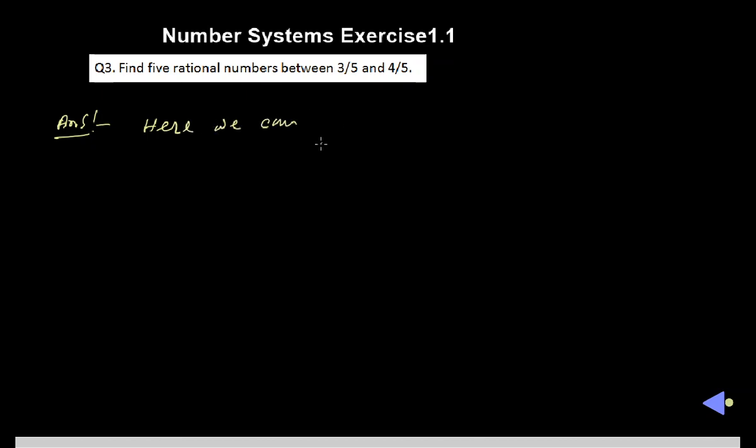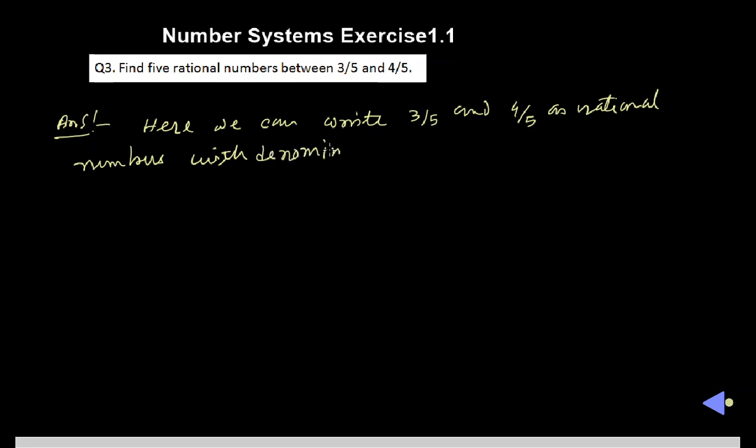We can write 3 upon 5 and 4 upon 5 as rational numbers with denominator equal to how much?